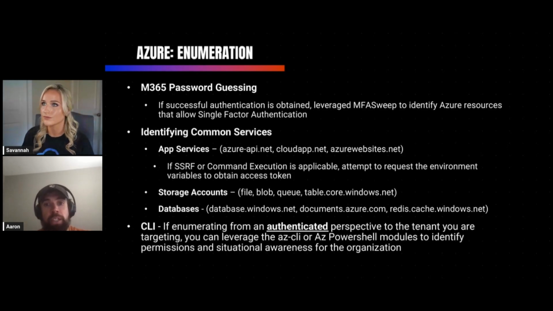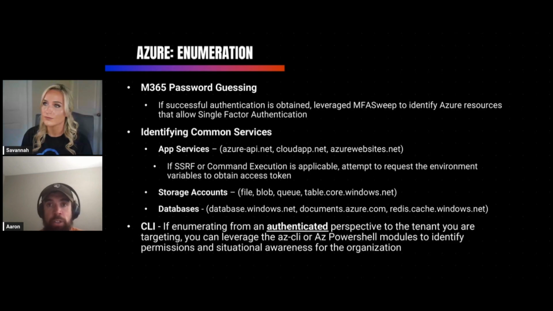So moving into some different ways you can do enumeration. So we've all done a standard password guess against M365 services, but let's say you can gain access through some valid credentials. You have some different options there. There's a tool called MFA Sweep.